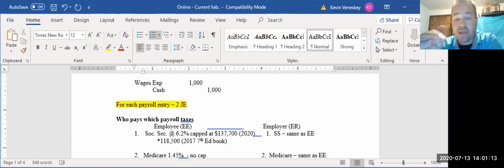What that means is once your total wages for that year go above that cap, you no longer pay Social Security. So in a way, it's like a tax benefit for the rich, especially if you make over, in this case, 118,500.